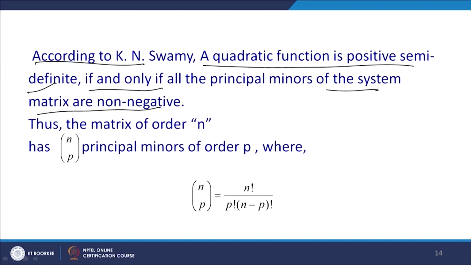That means a matrix of order n has n choose p principal minors of order p, where n choose p is n factorial over p factorial times n minus p factorial. In the given problem we have determined only 3 principal minors, which are not sufficient for checking the positive semi-definiteness of a matrix. In that case, we have to check all principal minors.